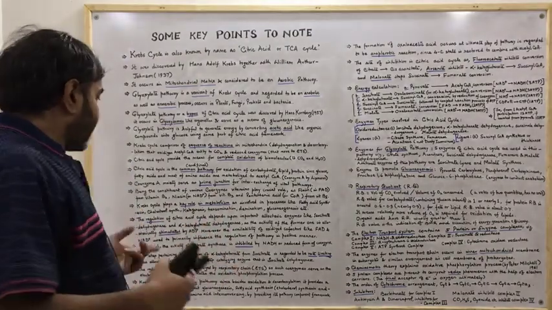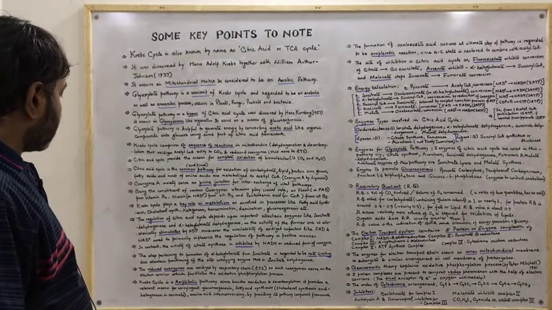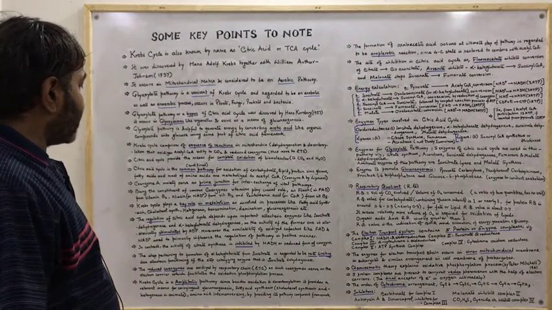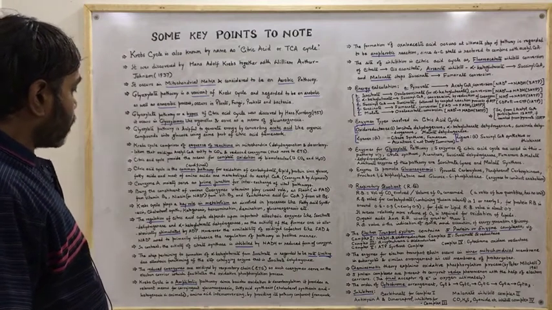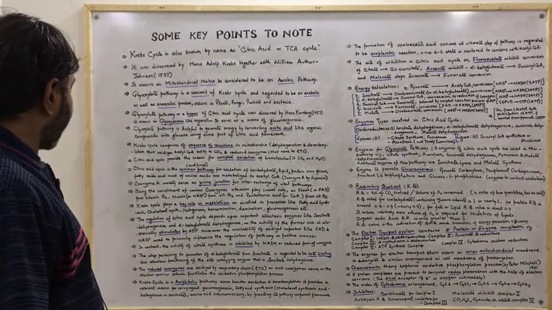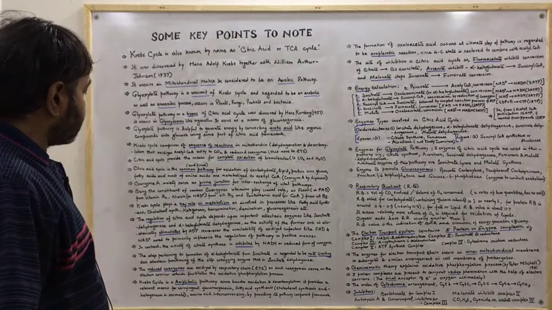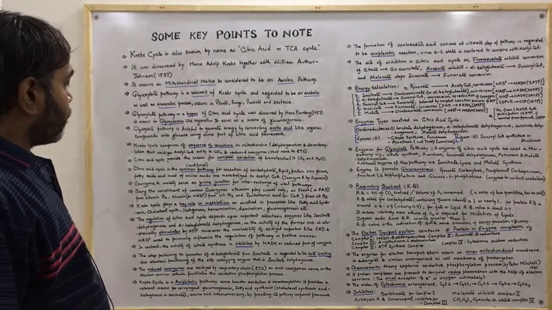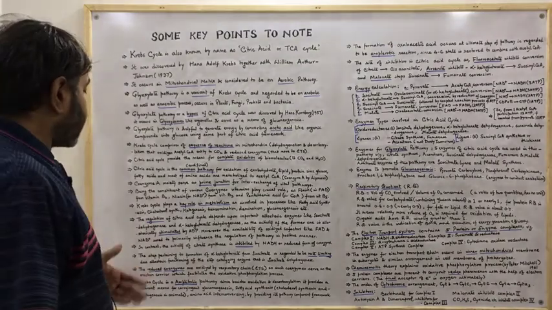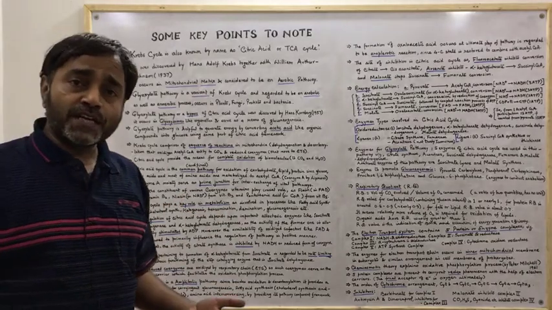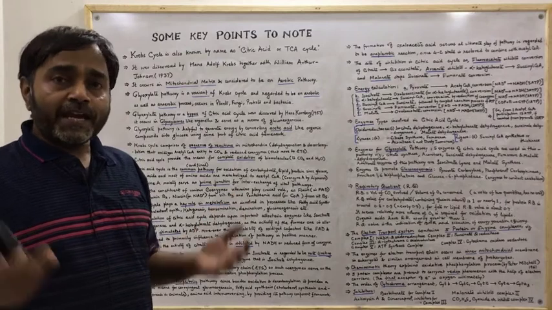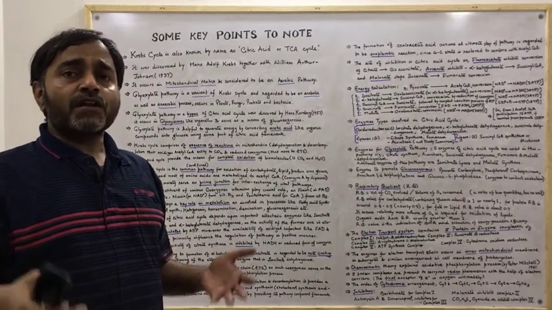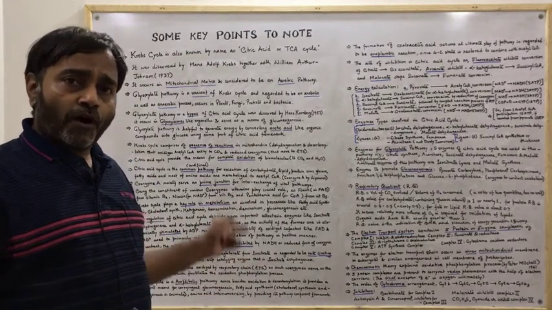So we will see the next point, and that is the reduced coenzymes are oxidized by the respiratory chain, that is the electron transport system. So such coenzymes serve as the electron carriers which facilitate the oxidative phosphorylation process. What is meant by oxidative phosphorylation? Oxidative phosphorylation means formation of ATP, or the addition of phosphate, in the presence of oxygen.